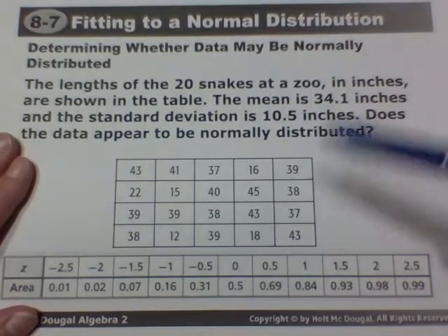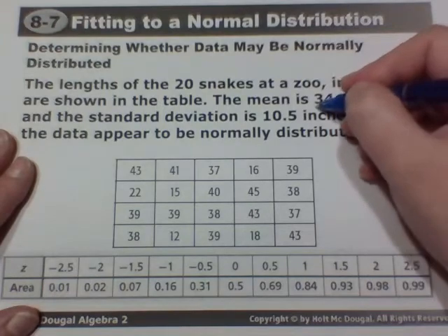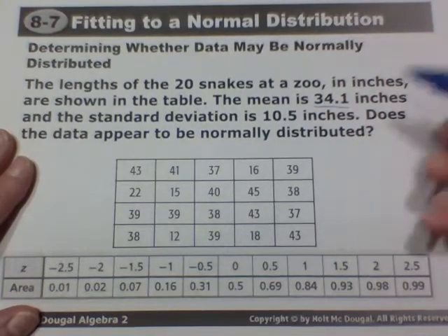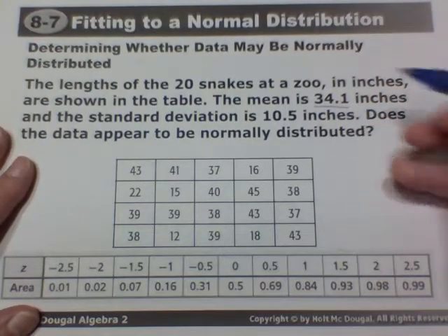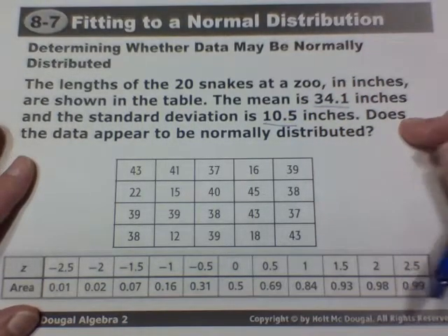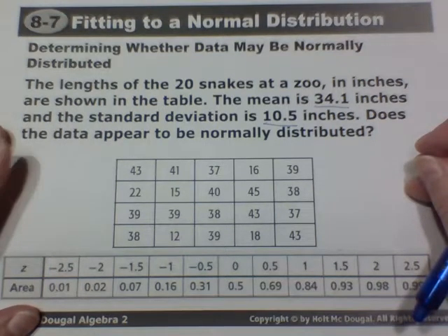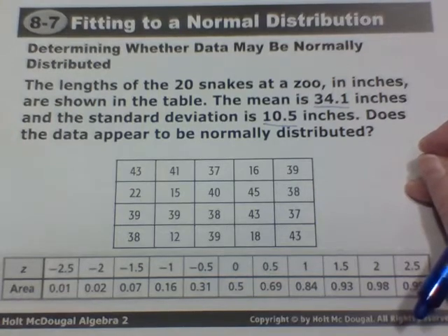Super. And you are going to note that the mean, so you don't have to add them up or anything, is 34.1 inches. Standard deviation is going to be 10.5. And we want to see if the data appears to be normally distributed. All right. So taking a look at this one.